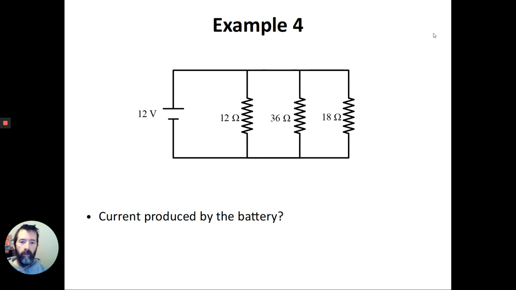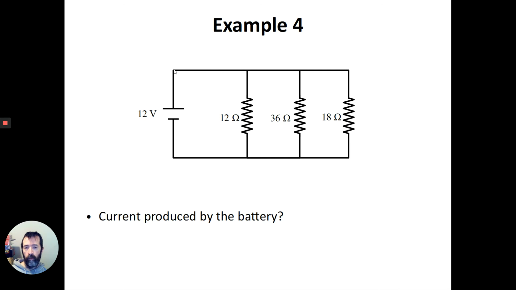Okay. The question on this one is different. Instead of just asking for the resistance, it says what current is produced by the battery. So there is more than one way you could go about doing this, but I'm going to start by finding the total resistance again. I'm going to simplify the circuit.